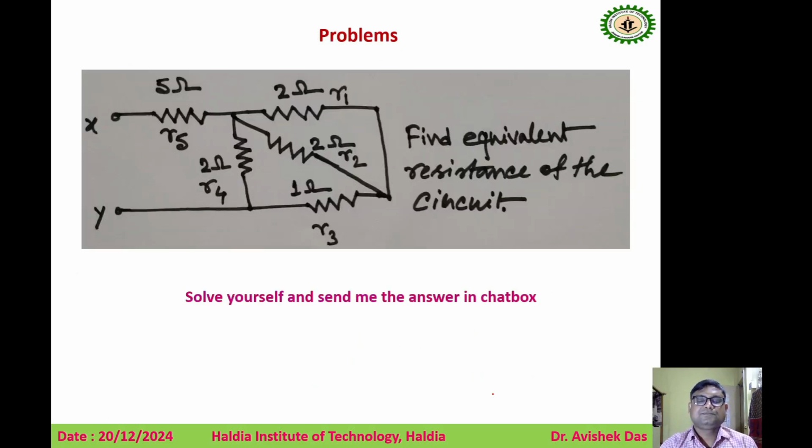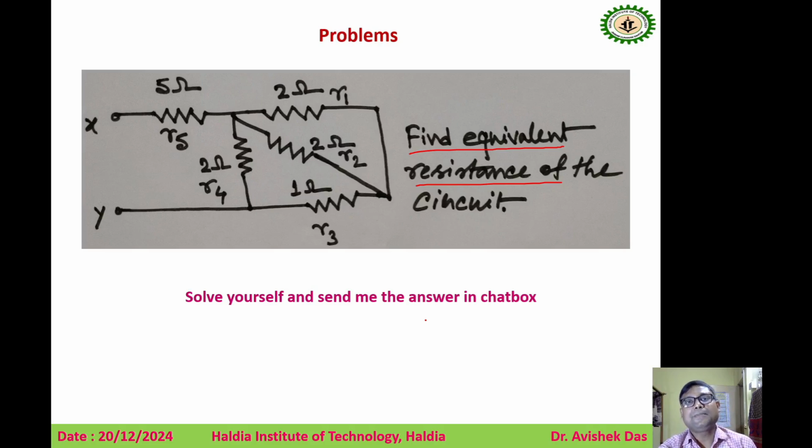In the next slide we discuss some problems. Here one problem is given: find the equivalent resistance value. Up to this you know that when resistors are connected in series or in parallel, you can easily find the equivalent resistance.